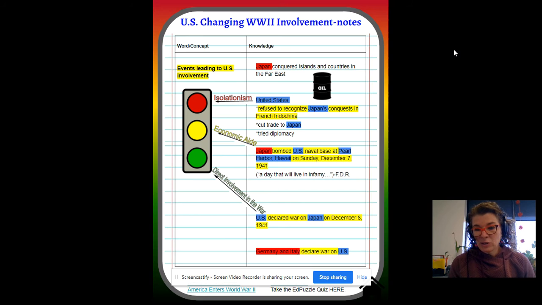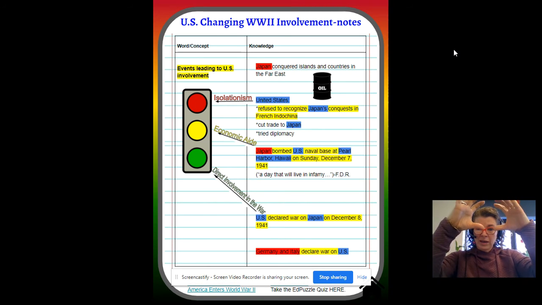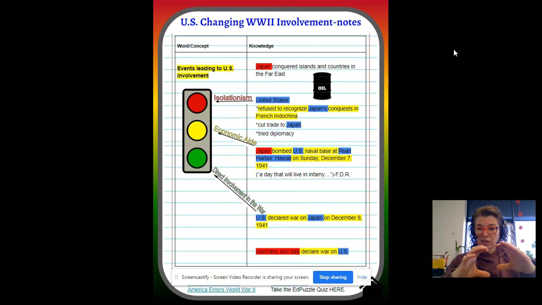You can imagine the destruction and the fires and the buildings and bridges and how the towns are destroyed, and they're looking to us for help. And it's really hard to turn your back on a friend. So we start giving aid to Britain, and we're going from red, isolated, to yellow, cautiously getting involved by giving aid to our allies.